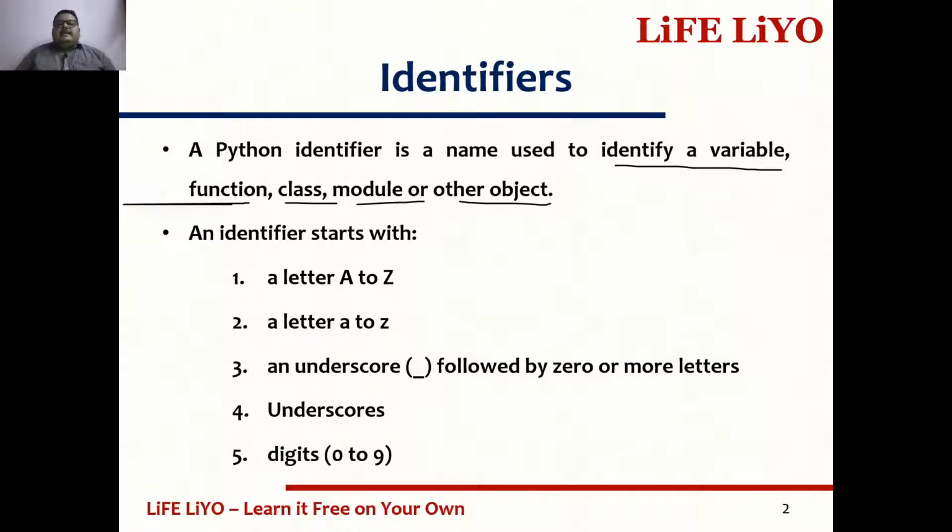An identifier can start with uppercase characters from A to Z, lowercase characters from a to z, or it may start with an underscore followed by zero or more characters, or it may consist of underscores, or it may consist of digits. So these are the different combinations that an identifier can consist of.